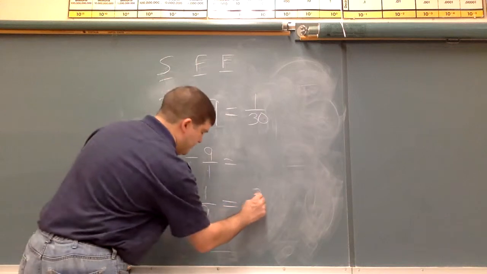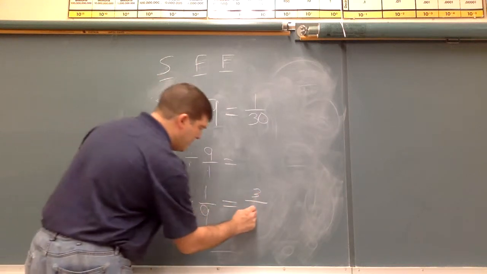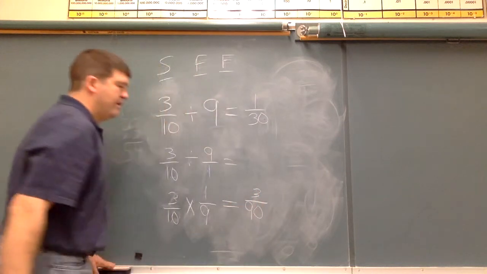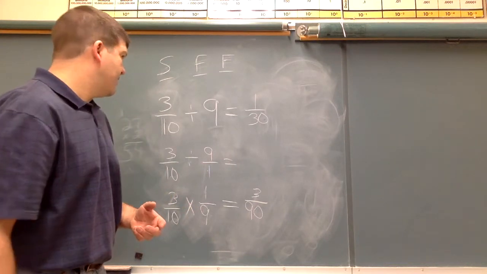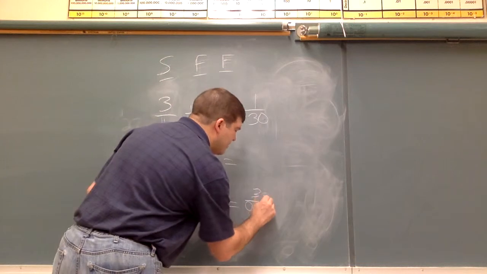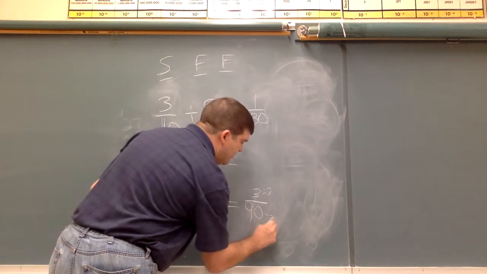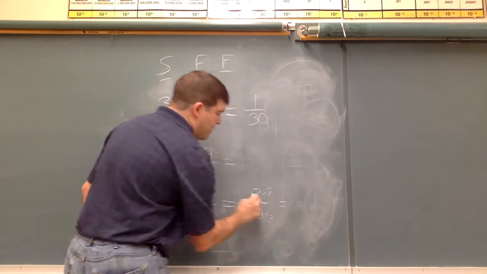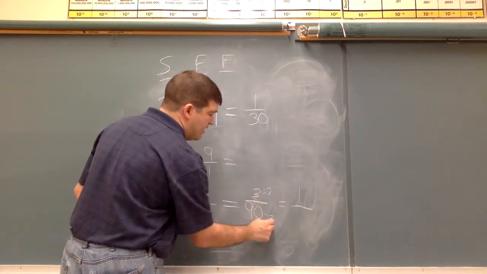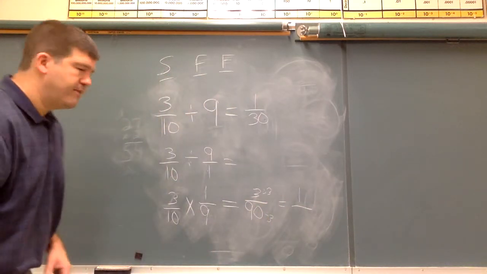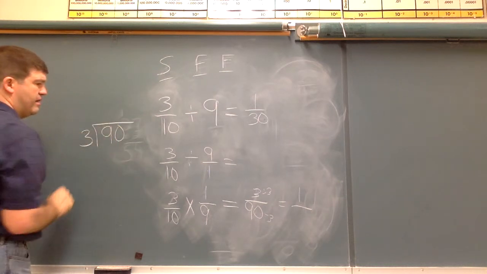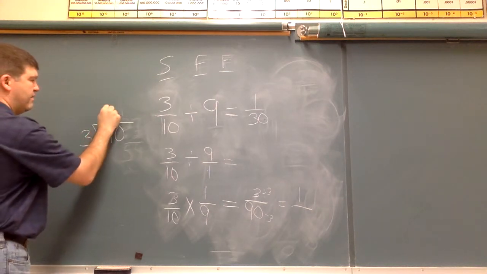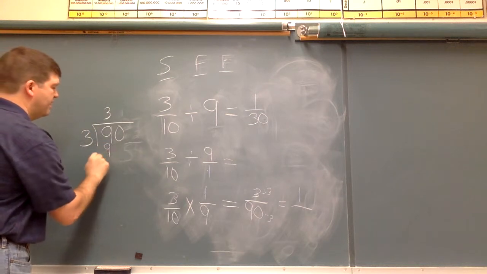Let me do this one more time without the cross canceling. 3 times 1 is 3. 10 times 9 is 90. Then I have to say, can I divide this by anything? This goes into 3, and 3 goes in there. So 3 divided by 3 is 1. 90 divided by 3. You might need to come over here and do something like this. 3 goes into 9. 3 times 3 is 9.